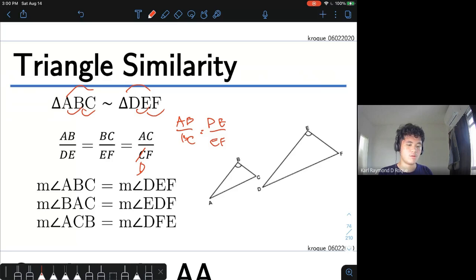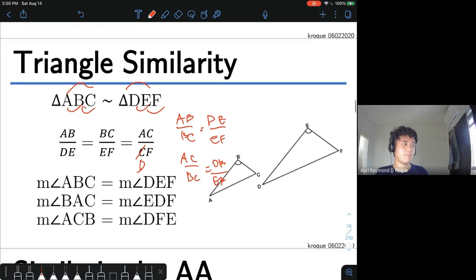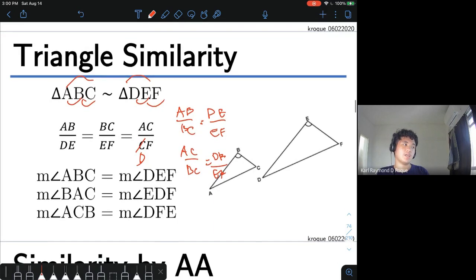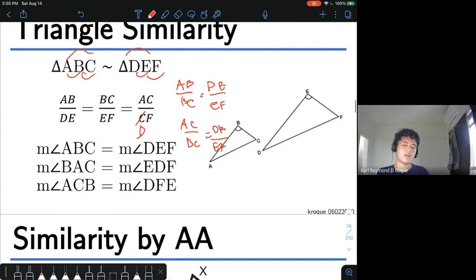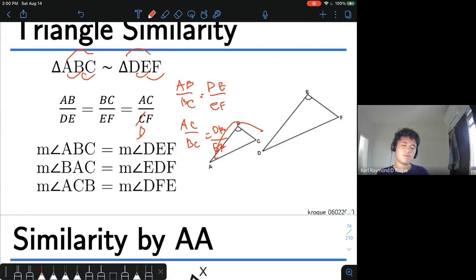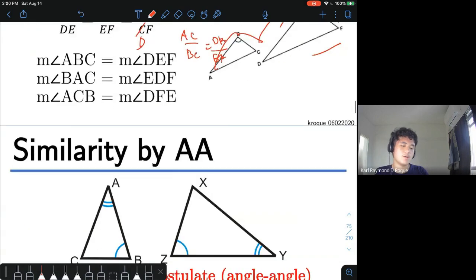Or AC is to BC equals DF is to EF, so on and so forth. Yung ganong mga proportionality. Tama yan. Okay? Basta, itong dalawa na to, proportional dito, itong dalawa na to, proportional dito, so on and so forth.